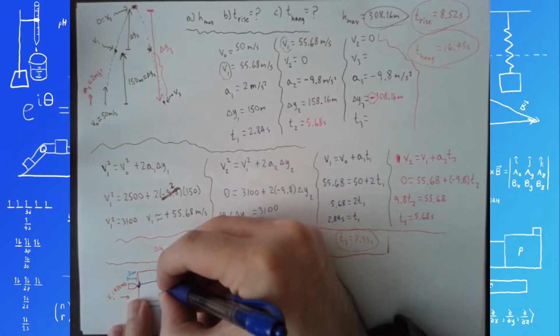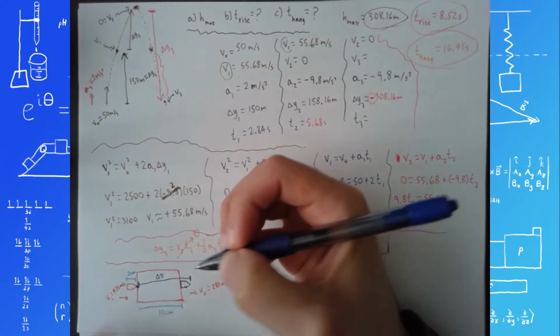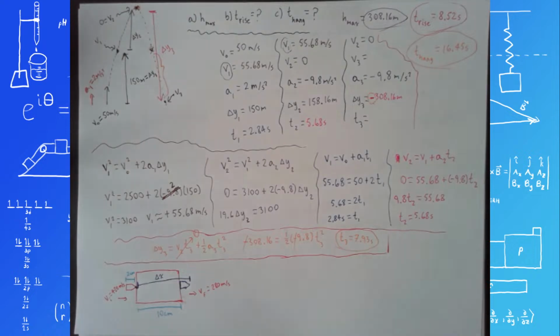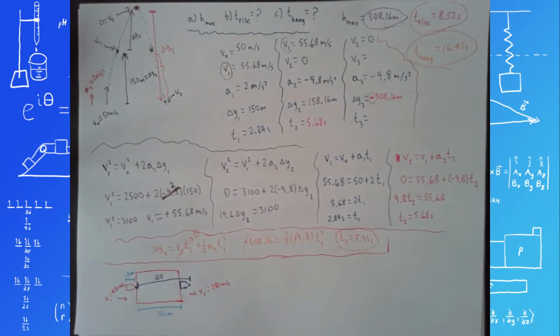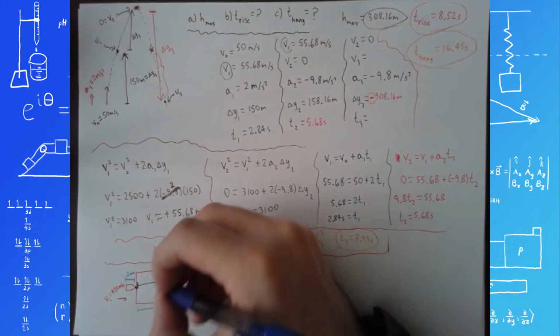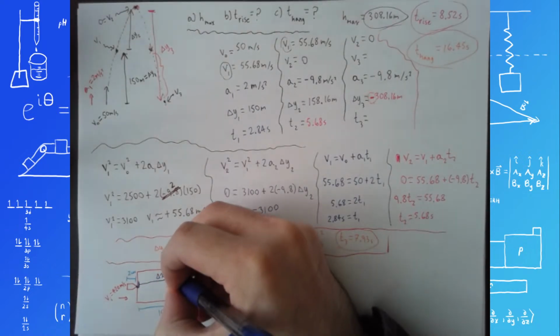That is the total displacement. That is your delta x of the bullet. I know I drew it a bit crooked, but I think you understand what I mean here. So our delta x is not 10 centimeters, but 12 centimeters. Our delta x is equal to 12 centimeters.